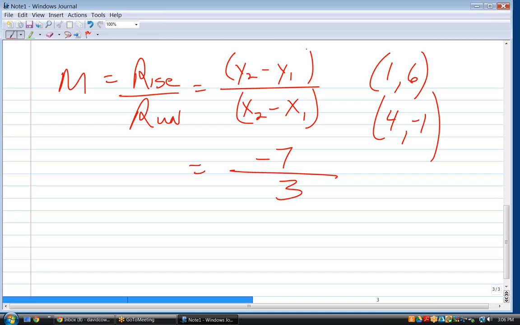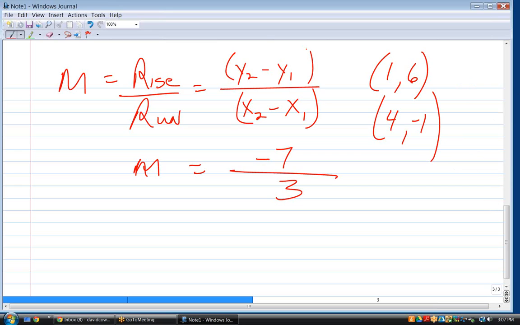So there's the slope. Now how do we come up with the equation? In other words, we've got the slope, and I have 2 different points that the line goes through.